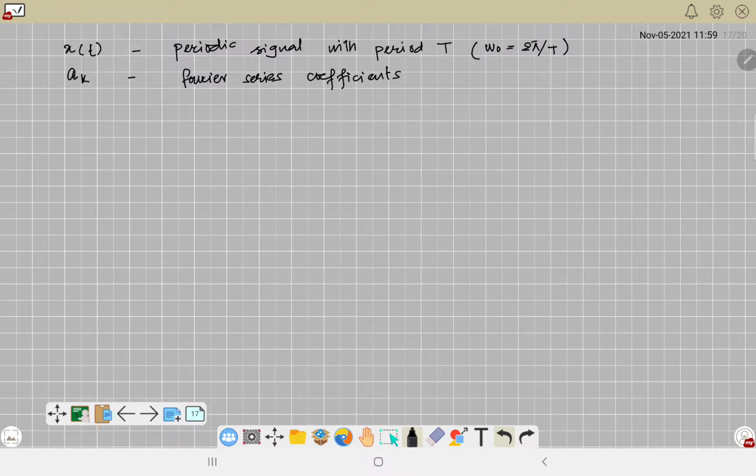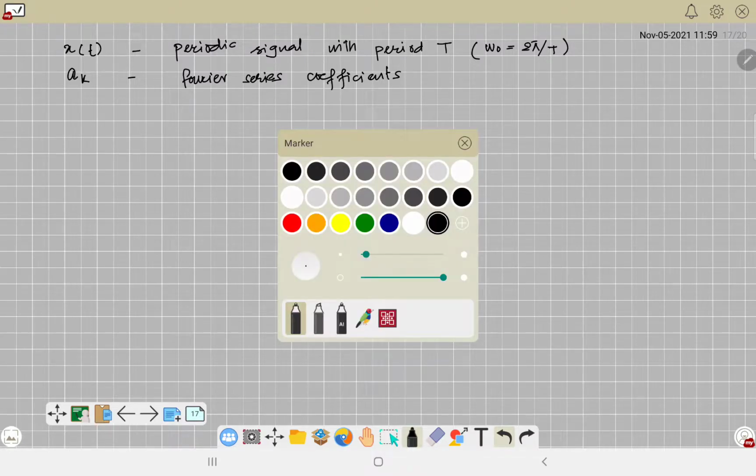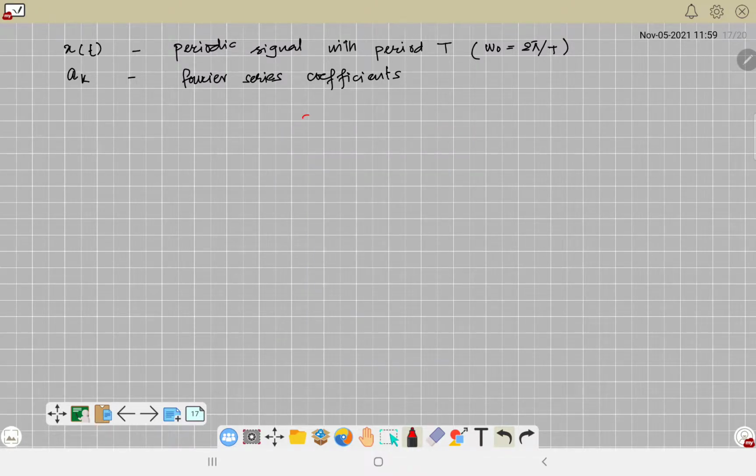So we show this dependency with this notation, wherein we say x of t, then a bilateral arrow, a of k, Fourier series. We often use this kind of notation. It shows the dependency. Using x of t, you calculate your coefficients a of k, then you use these coefficients in the expansion of x of t as per the Fourier series.